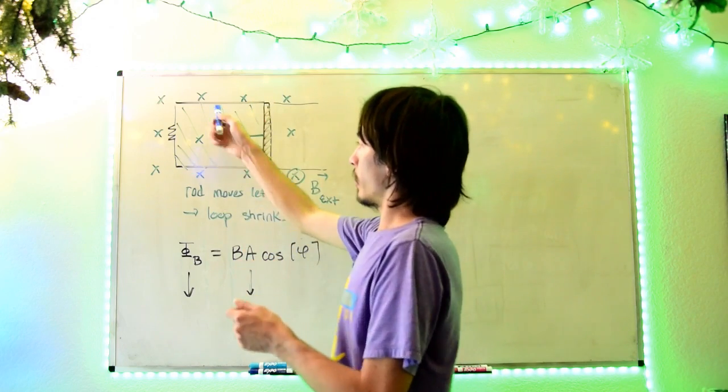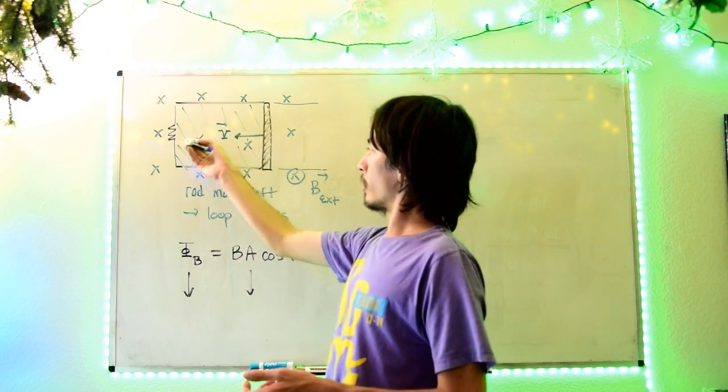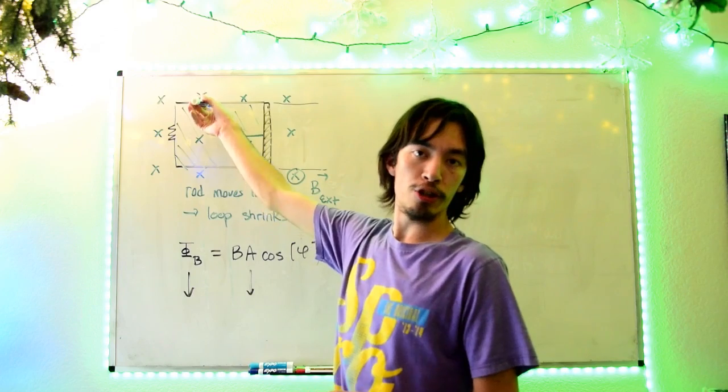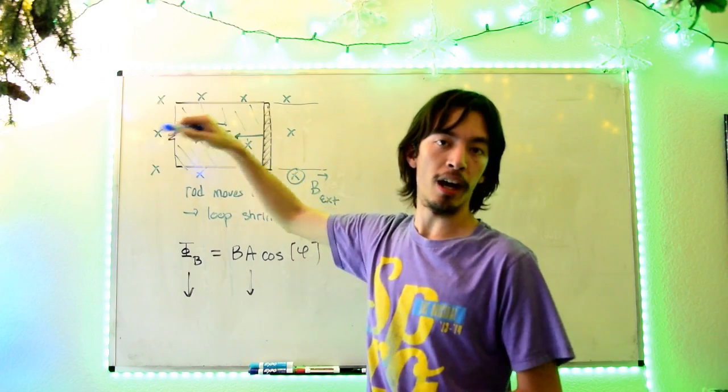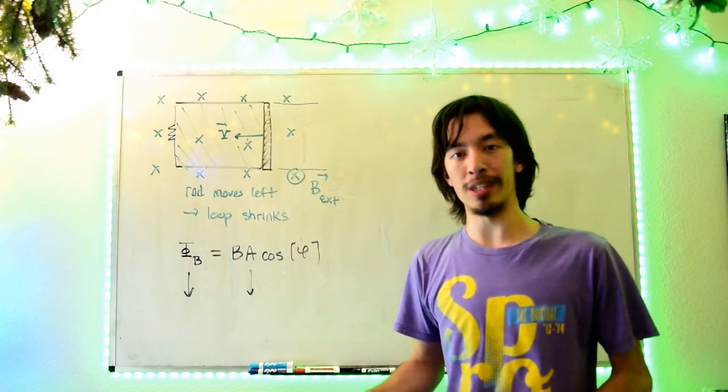What I'm saying is there's a magnetic field somewhere in here. We're going to either say it's into the page or out of the page, depending on how we're going to oppose the change.